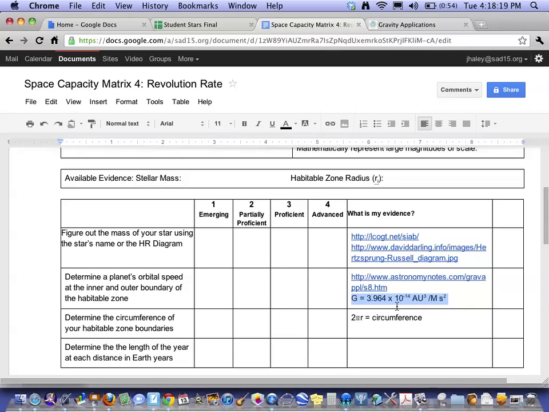It's 3.964 times 10 to the negative 14th, which is a really small number. And it's AUs cubed divided by the solar mass of the sun divided by seconds squared. So I'm going to copy that for now, and then I'm going to go to the link.